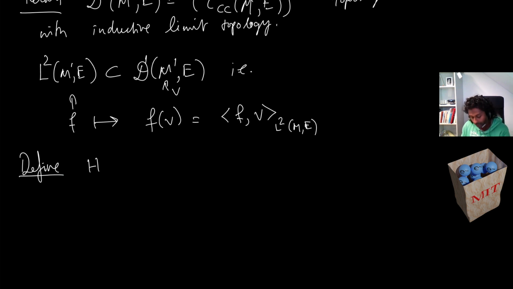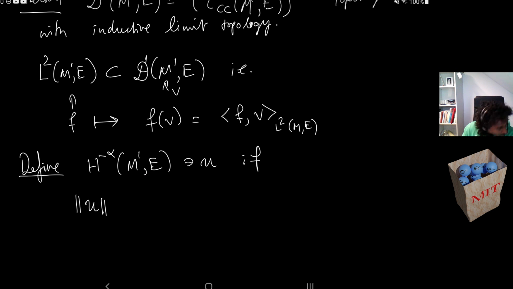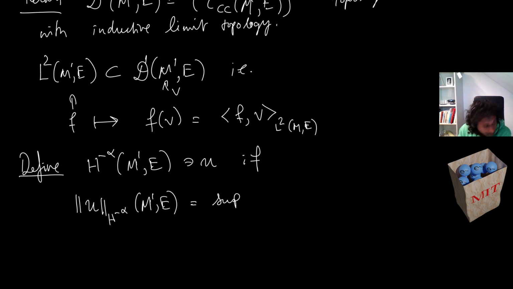So let me now define a space, H minus alpha, M prime E. There is a prime missing, thank you. So this is a negative order Sobolev space. I say it's in the negative order Sobolev space if the following norm that I'm going to define is finite. I'm taking the supremum over V in H alpha naught. Here, we're on a manifold without boundary, so this is just equal to H alpha.